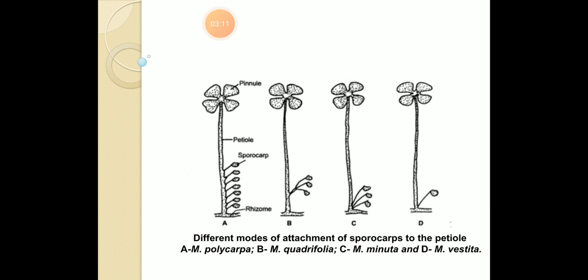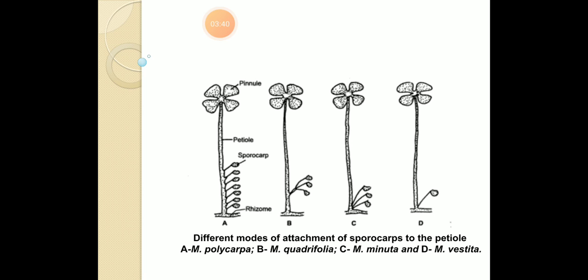Just look at these diagrams, how the sporocarp is attached to the petiole in different species of Marsilia. In the first diagram you will find the attachment of sporocarps in Marsilia polycarpa. That means a larger number of sporocarps will be produced. The second one is Marsilia quadrifolia, the third one Marsilia minuta, and the fourth one Marsilia vestita.